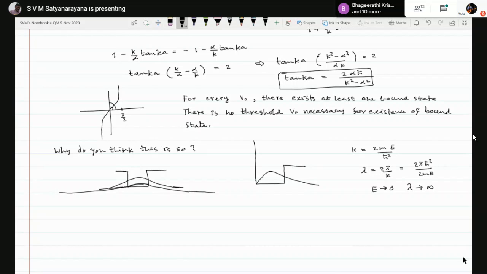If the wavelength goes to infinity, in this particular case it can, because it can penetrate into both sides, whereas here it cannot penetrate to both sides. So your energy going to 0 is not a possible bound state in this case.